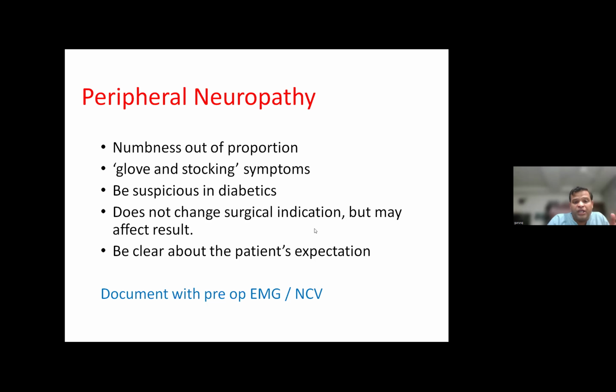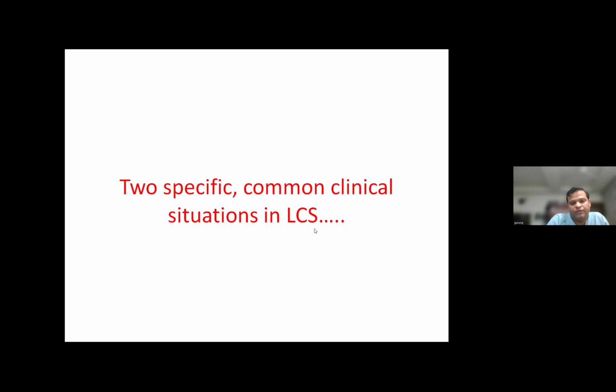It might not change your surgical indications, because surgical indications are totally not related to the peripheral neuropathy symptoms, but the expectations and the results and the satisfaction after surgery definitely change. That is what ultimately we are aiming for in these lumbar canal stenosis surgeries. Documentation can be done for peripheral neuropathy whenever you have any suspicion by doing EMG and NCV.